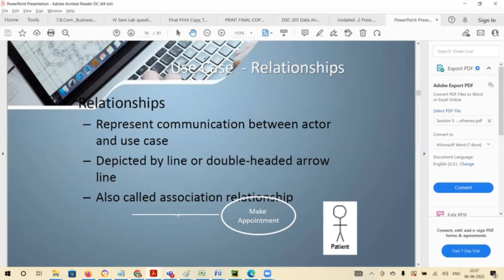We also call this an association relationship, between actor and use case.